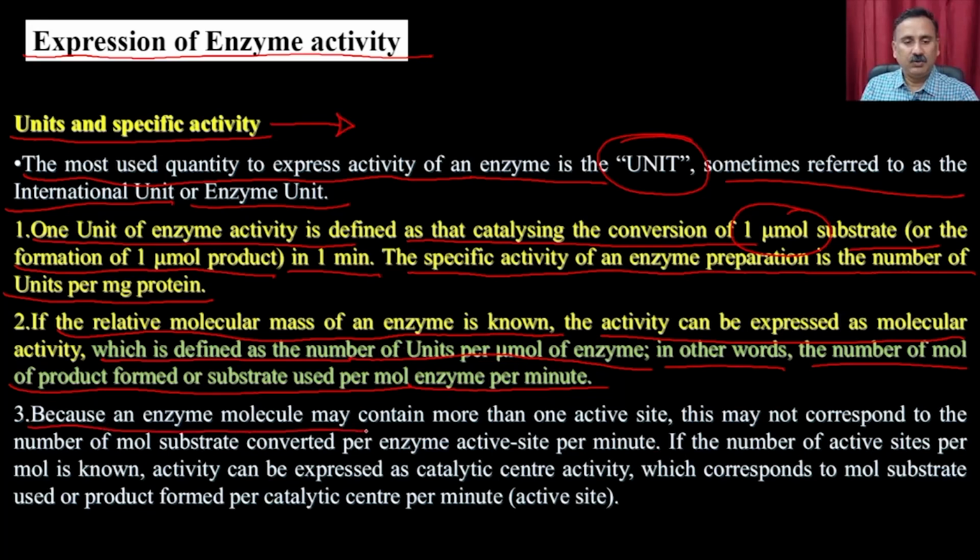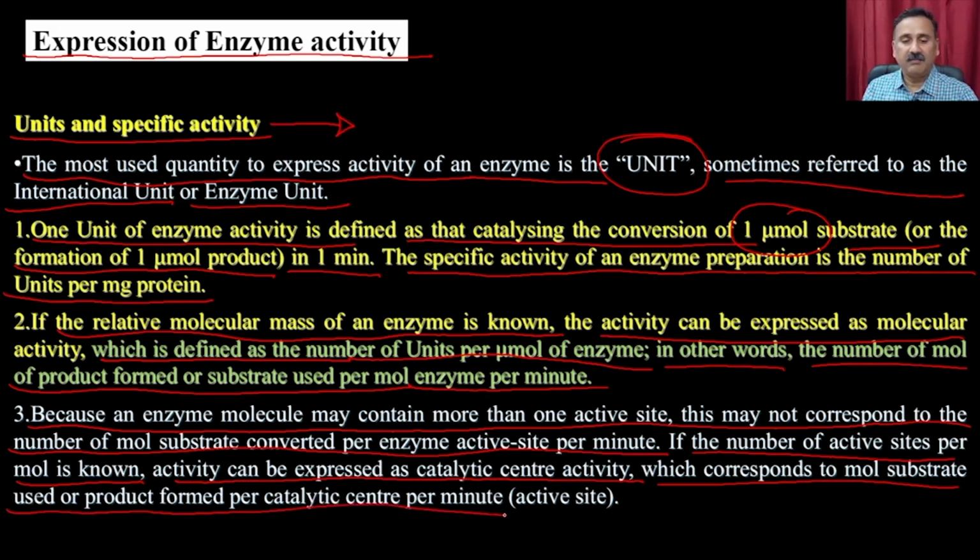Because an enzyme molecule may contain more than one active site, this may not correspond to the number of moles of substrate converted per enzyme active site per minute. If the number of active sites per mole is known, the activity can be expressed as the catalytic center activity, which corresponds to the moles of substrate used or product formed per catalytic center per minute.